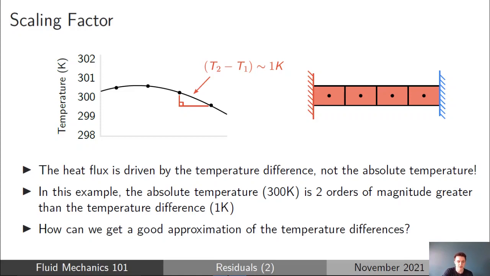If the left end of the bar is at a temperature of, say, 300 and the right end of the bar is at 299, the actual temperature at the centroid of cell 2 is about 300 Kelvin, but the temperature difference between T2 and T1 is only about 1 Kelvin. So it's 2 orders of magnitude lower. And it's that temperature difference that governs how much heat is passing through the bar. Of course, if the entire bar is at a fixed temperature, you're not going to get any heat flowing. It's the temperature differences that we need.